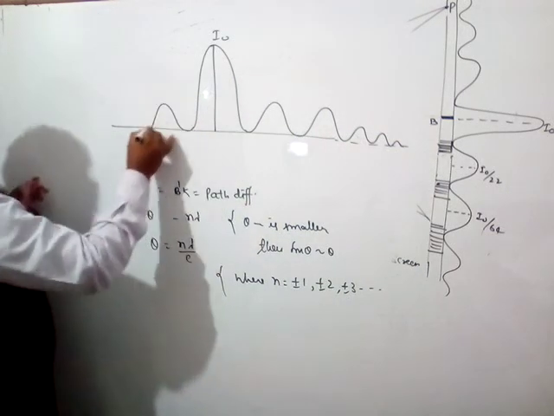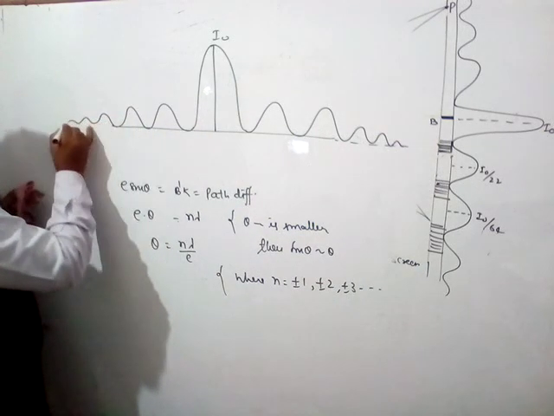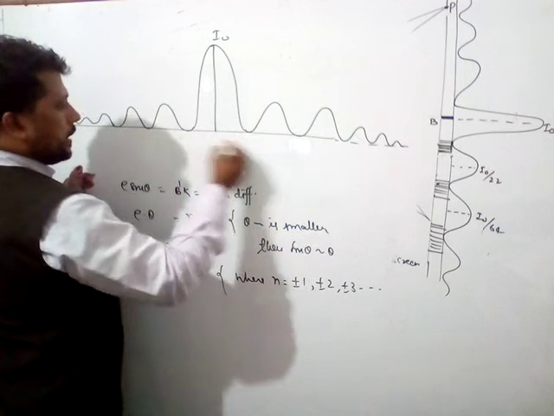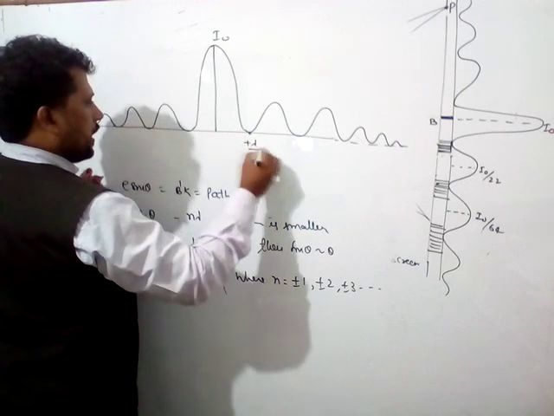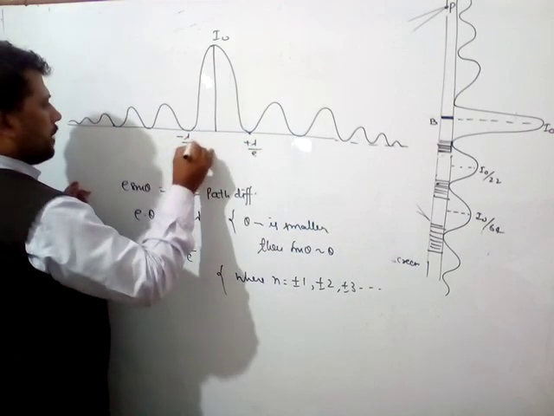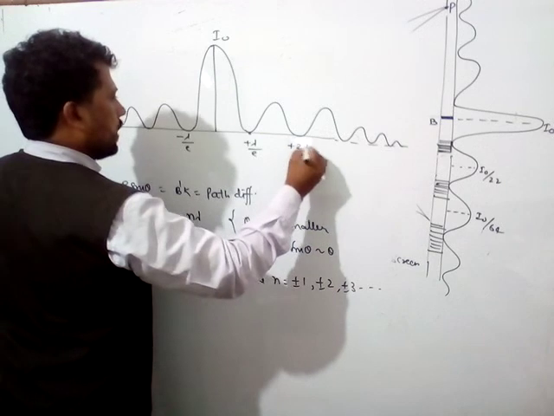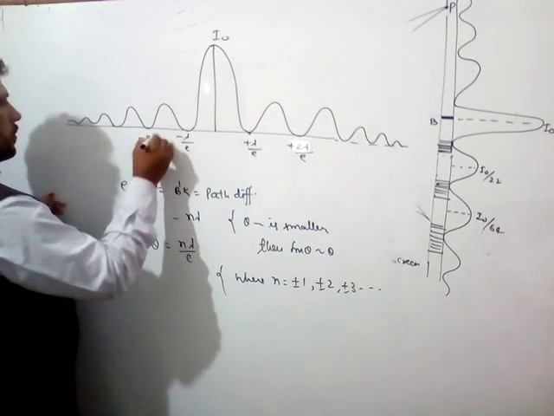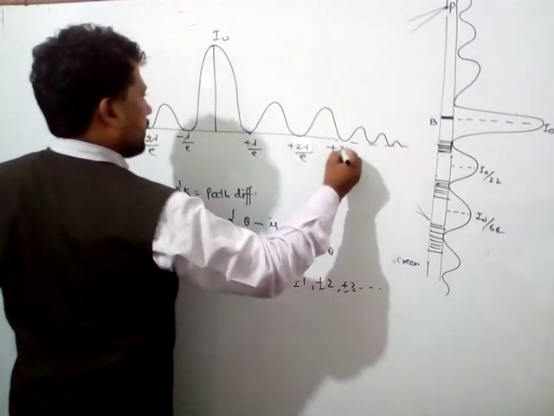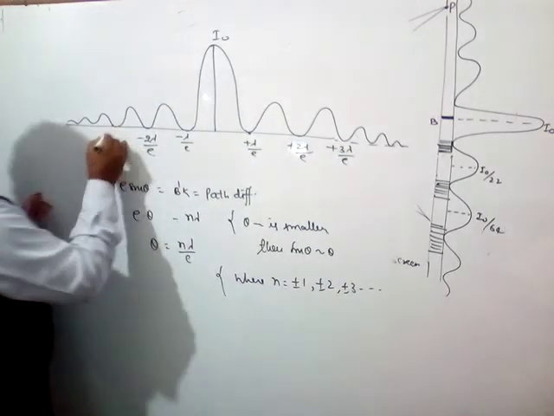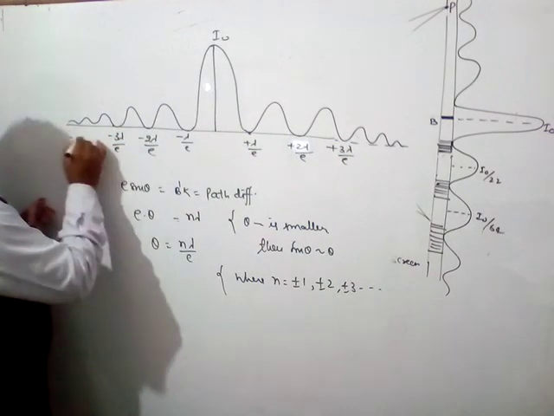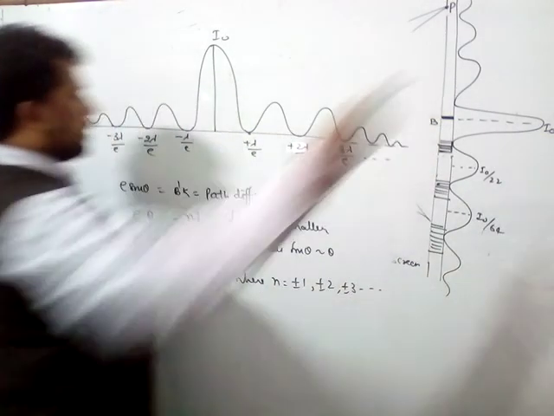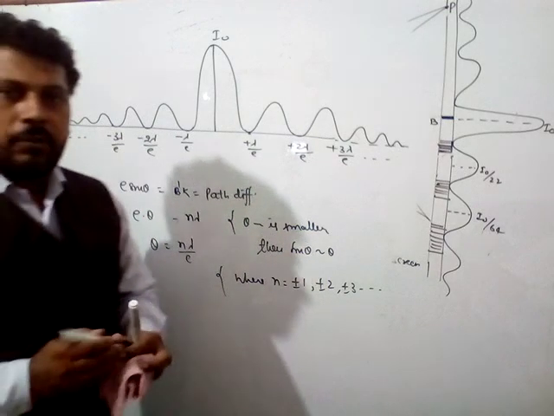So this is plus lambda upon e, and here minus lambda upon e. This is plus 2 lambda upon e, and minus 2 lambda upon e. This is plus 3 lambda upon e, and this is minus 3 lambda upon e, and so on. Here the positive terms will keep coming, and on this side the negative values will keep coming.